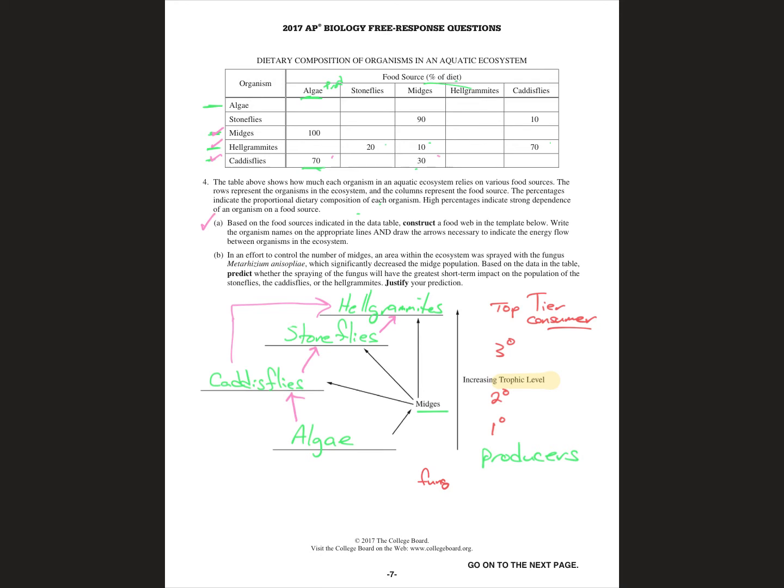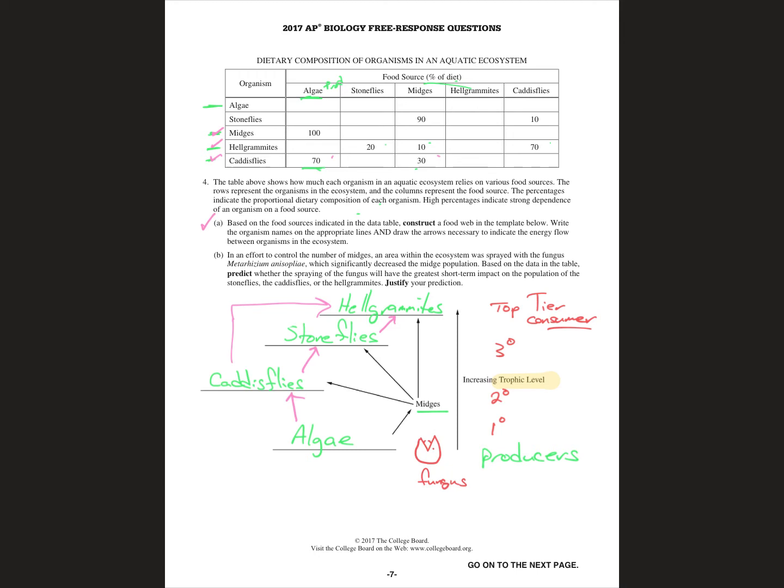I'm not even going to draw an arrow, because if I draw an arrow, I'm going to confuse myself. Maybe a double arrow, or I don't know. Let me draw a Pac-Man. Teeth. It's going to eat the midges.